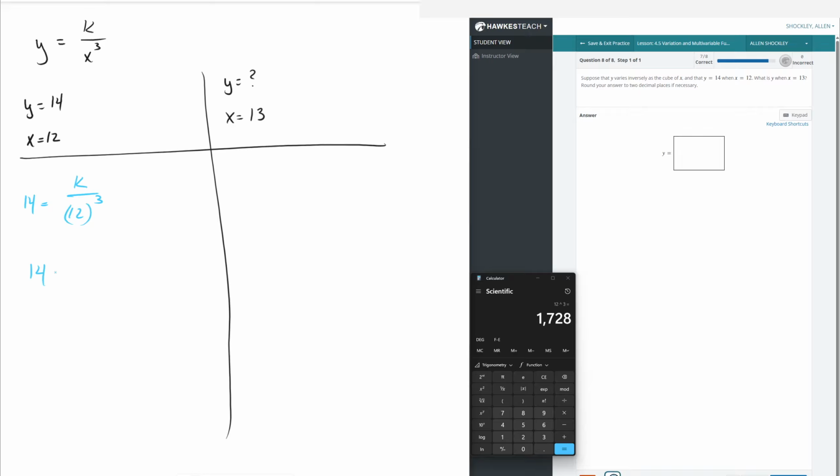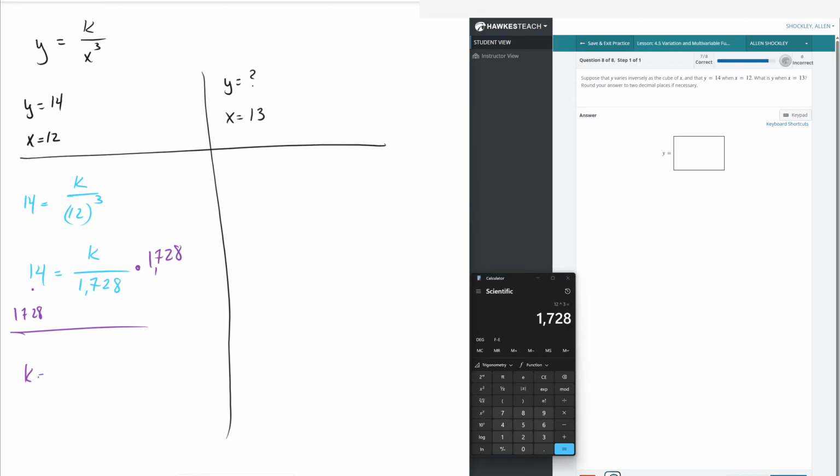So I get 14 equals k over 1,728. Because I need to solve for k, I'm going to multiply both sides by whatever I'm dividing.